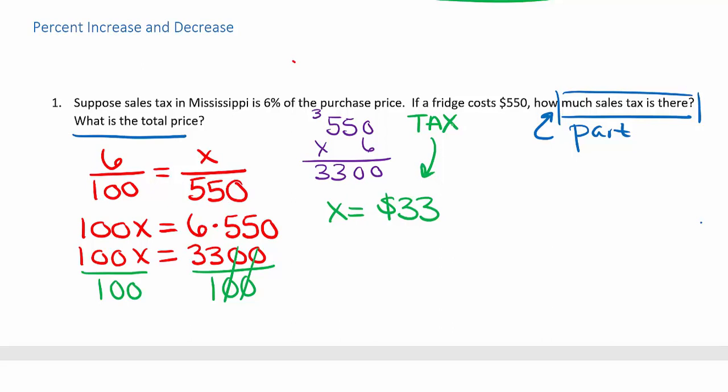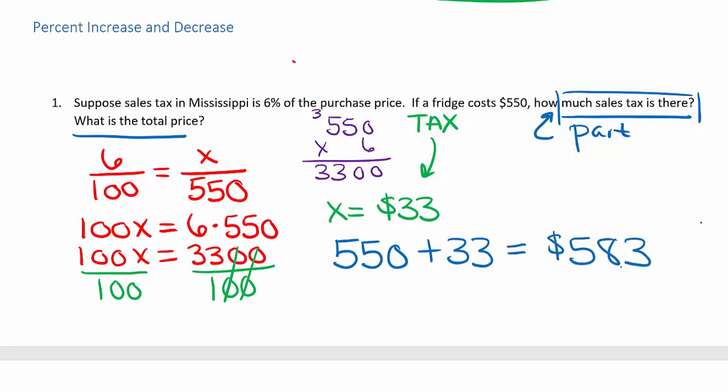Now that $33 is the tax that we're going to have to pay on this fridge. And so then the second part of the problem, what is the actual total price here? We have to take the purchase price, the ticket price, $550, plus the tax. So in the end, that item is going to cost $583.